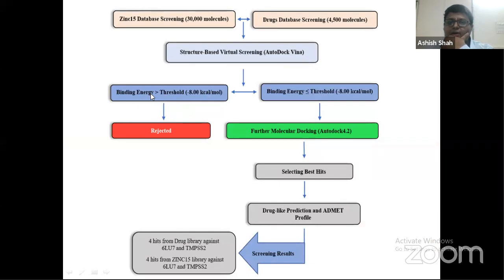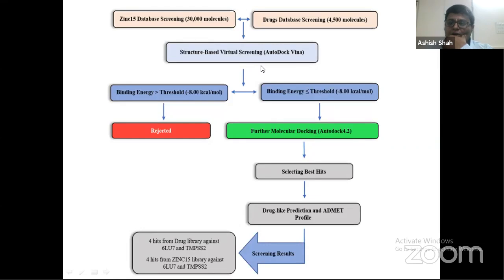Compounds with a binding affinity greater than -8, like -7 or -6, they rejected, and whatever was less than or equal to -8, they accepted. So they started with 30,000 compounds, did ADME studies, got 4,500 compounds, then did the docking study.